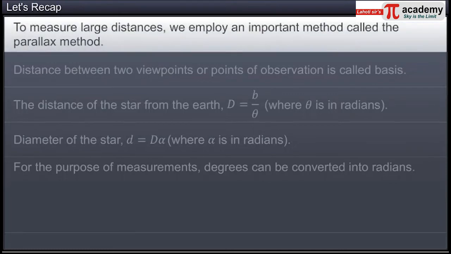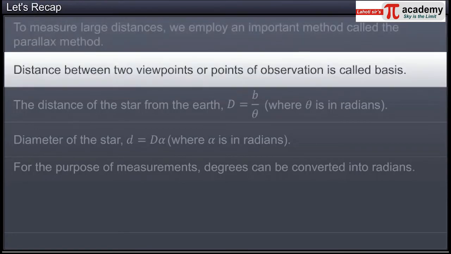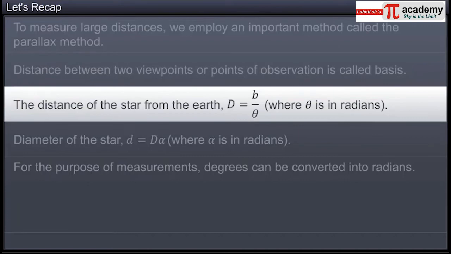to measure large distances, we employ an important method called the parallax method. Distance between two viewpoints or points of observation is called basis. The distance of the star from the Earth, d, can be calculated as the ratio of the basis b to the parallax angle theta.